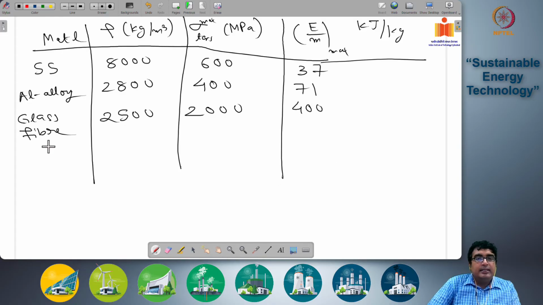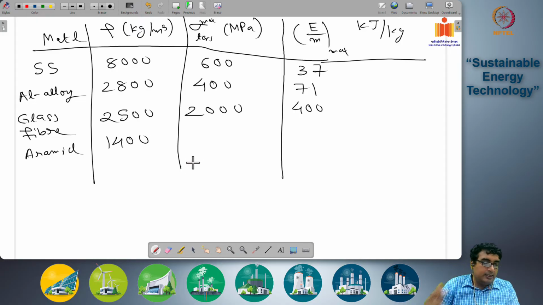Then you have another modern material like aramids, which have even lower density of 1400 and 3000 tensile strength.